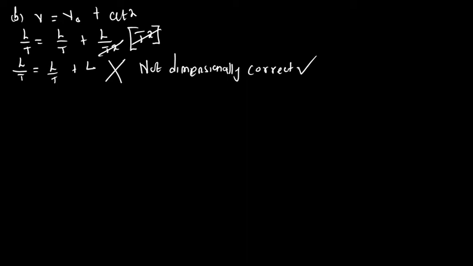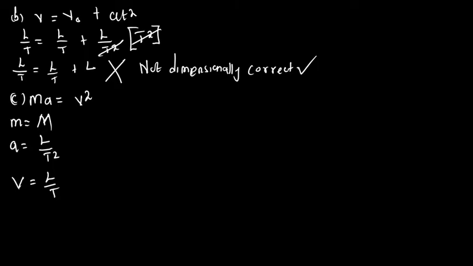Let's try to do another one. There are so many formulas that you can apply. MA is equal to V power 2. Mass has the dimensions of M. A is simply L over T squared. V is L over T. I can put my mass where there is M being multiplied by L over T to the power 2.